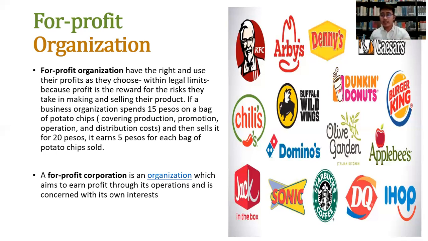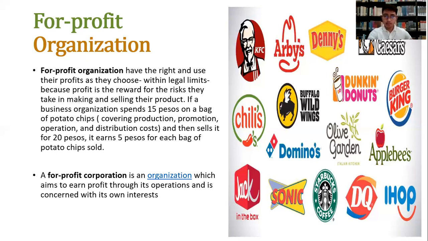And nakikita nyo dito sa picture, ito po yung mga example ng for-profit corporations. Usually these are very popular brands of food business. We have the KFC, the Dunkin' Donuts, the Burger King, the Domino's, the DQ, and Starbucks.